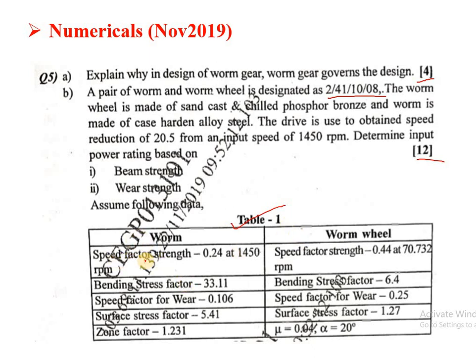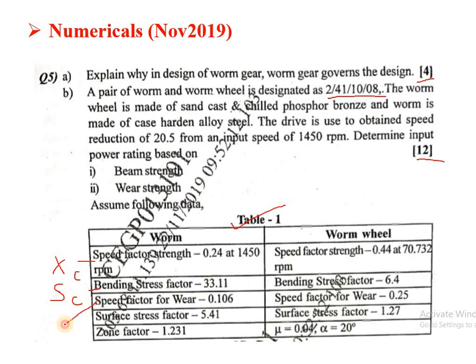So the speed factor, which is denoted by XC, for strength, and the bending stress is given by SC for strength.